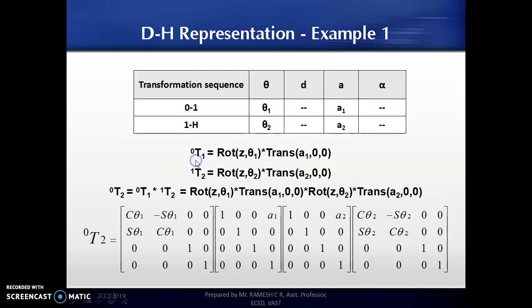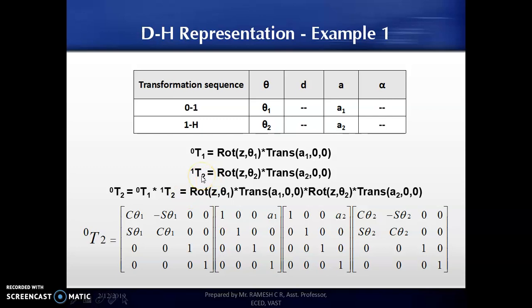Now, to derive the transformation equation, I have the table like this. For transforming my robot frame from position 0 to position 1, that is from joint 1 to joint 2, I need to follow a rotation of theta 1 about the z axis, multiplied by a translation of a1 along the x axis alone, that is a1, 0, 0.